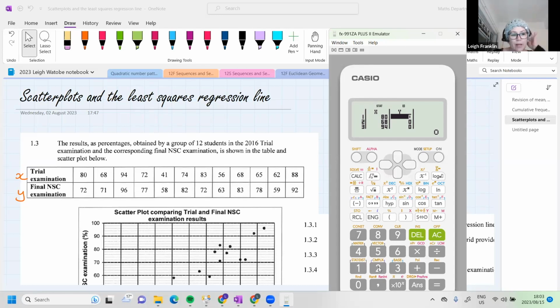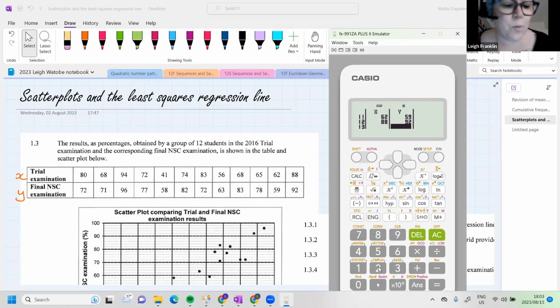And now we're going to put in our NSC exam marks. Okay, so 12 marks in each column.